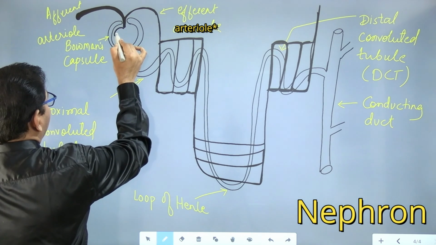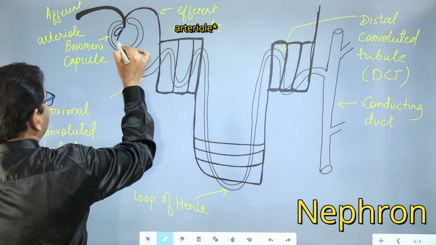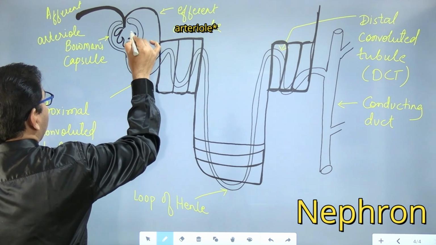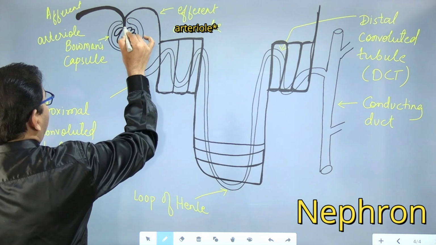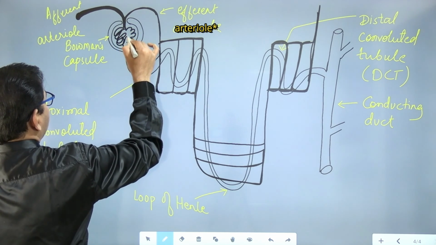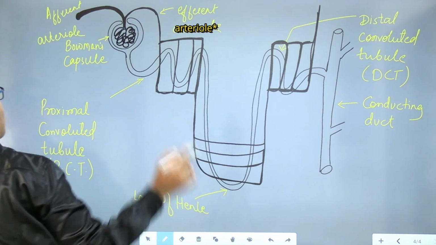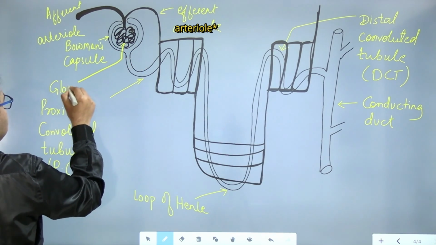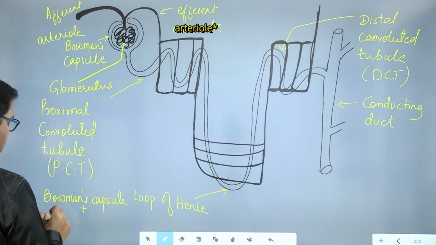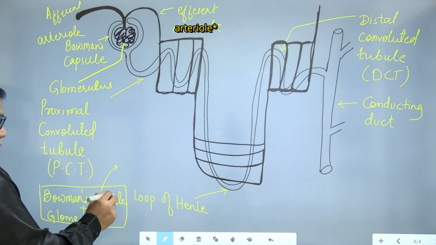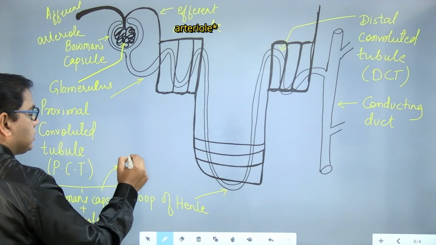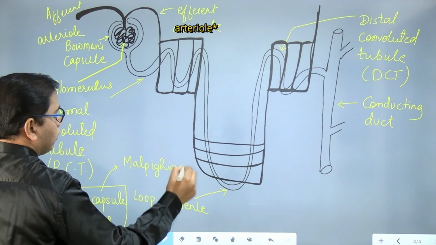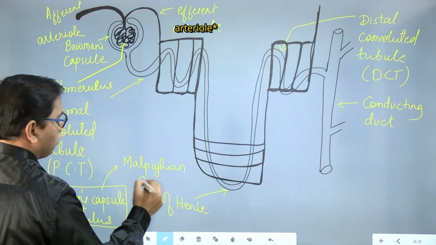Please don't forget to show this glomerulus, a knot-like structure. This part is called the glomerulus. And Bowman's capsule plus glomerulus is called the Malpighian body or Malpighian capsule.